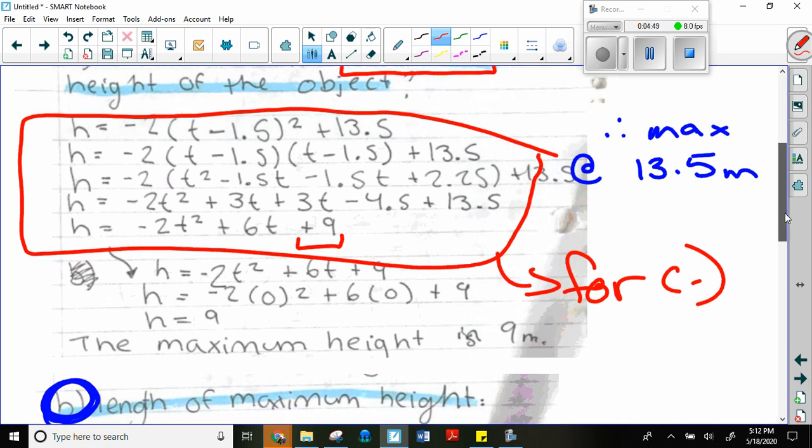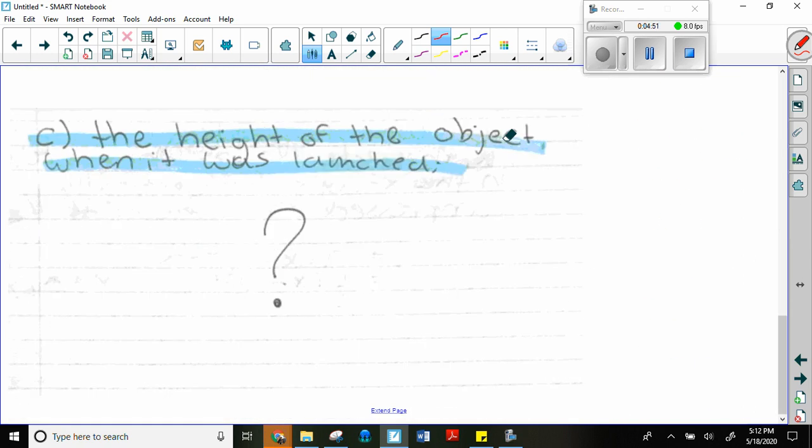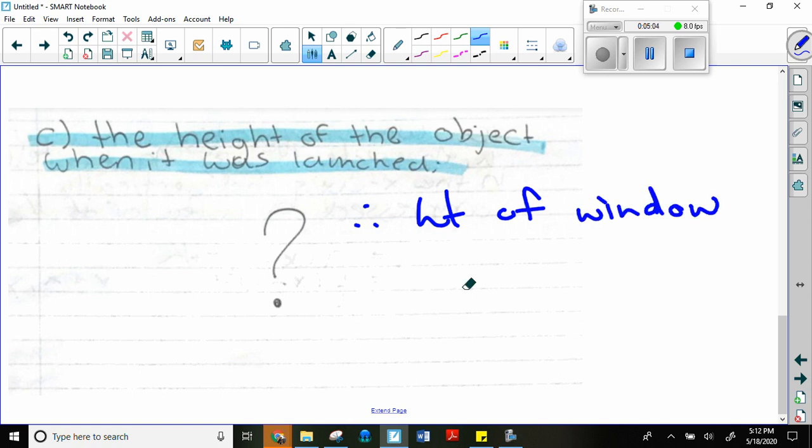And then the original height, the height of the object when it was launched. So the original height of the window, because it was launched out of the window, therefore height of window is, I believe you had 9 meters. Now, does that make sense? Start off at, oh, you're going to watch me draw a parabola, a crooked parabola.